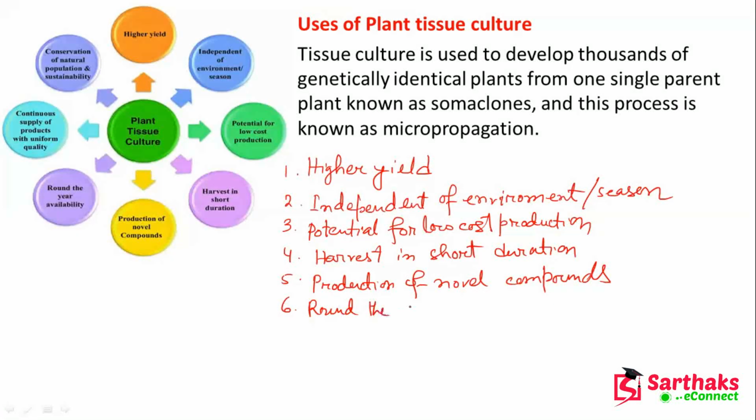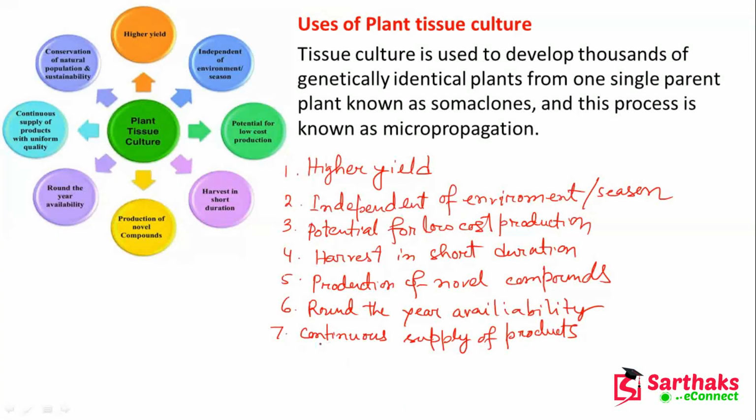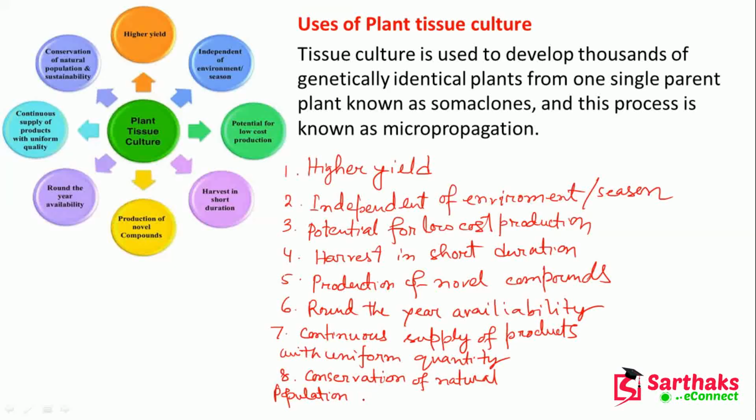round the year availability. That means the crop should not be season dependent, so there will be no scarcity, and continuous supply of products with uniform quantity, and conservation of natural population and sustainability.